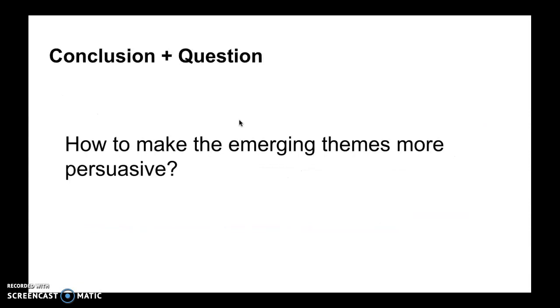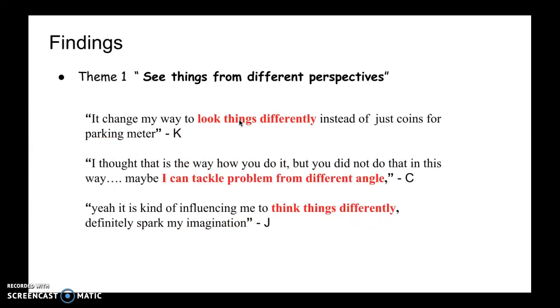So conclusion is, some themes are expected, and some are totally out of my expectation. The first theme, thinking from different perspectives, kind of matches my expectation, because I assume that by watching magic, by practicing magic, they're gonna think more flexibly and see things from different perspectives.